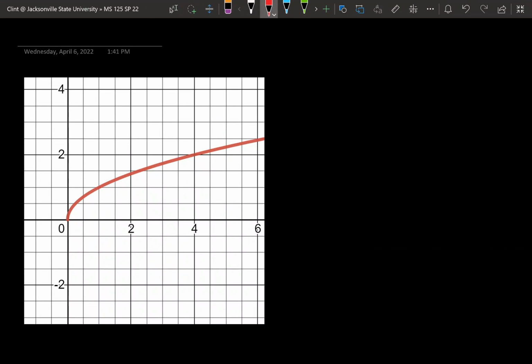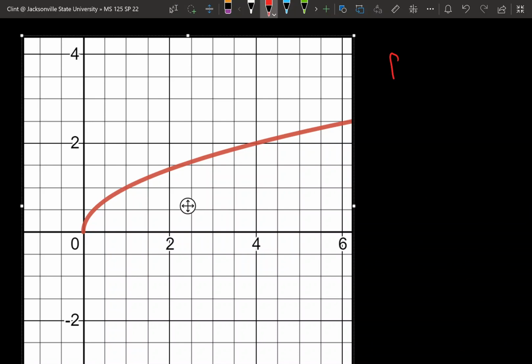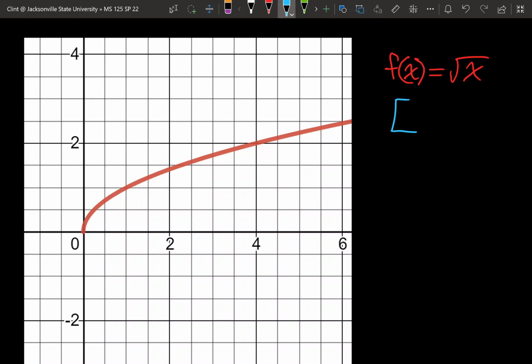So here's a function. This is square root of x. Let's just be concerned with the part we can see here, the interval of this function between 0 and 6.